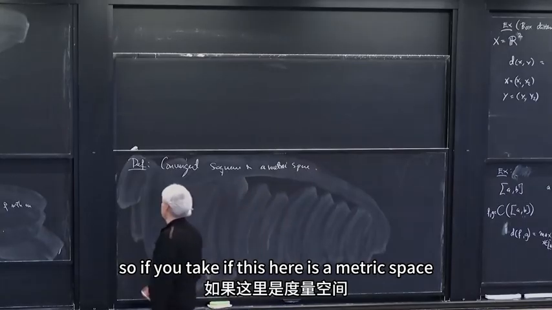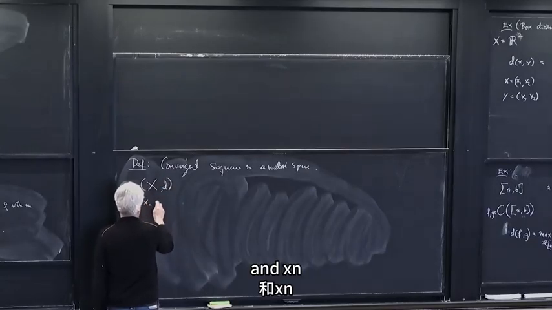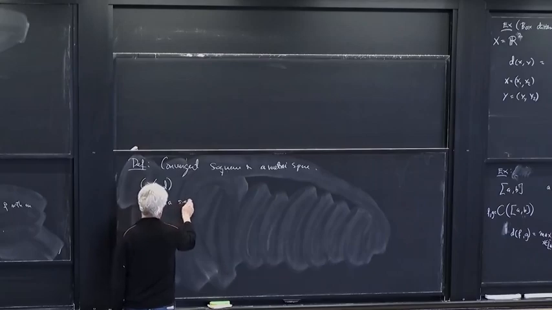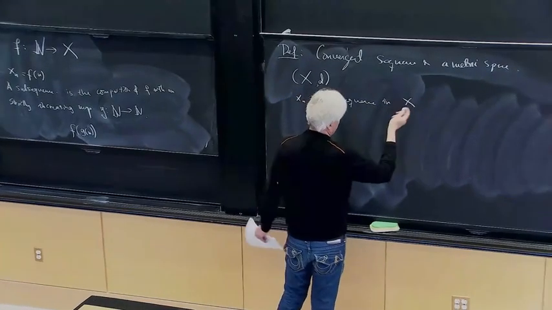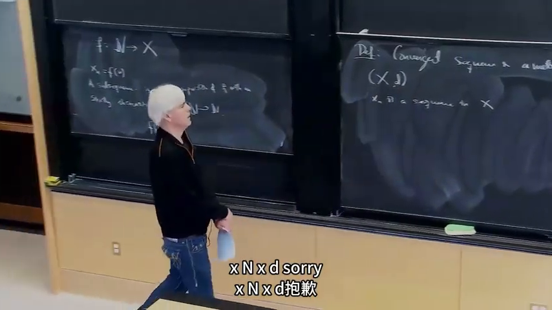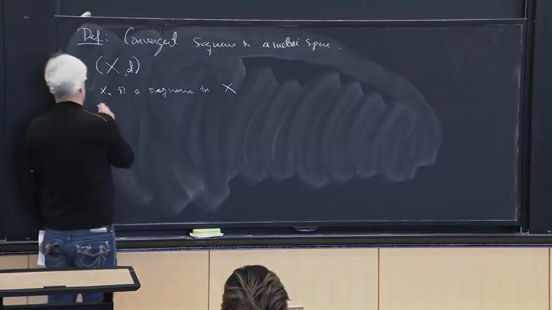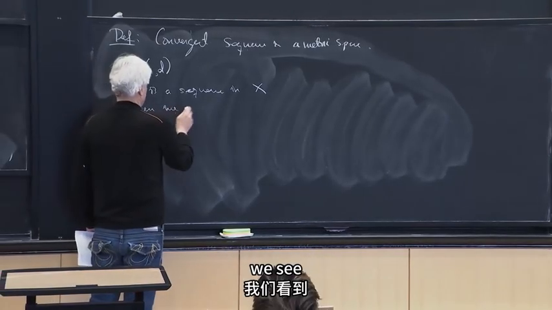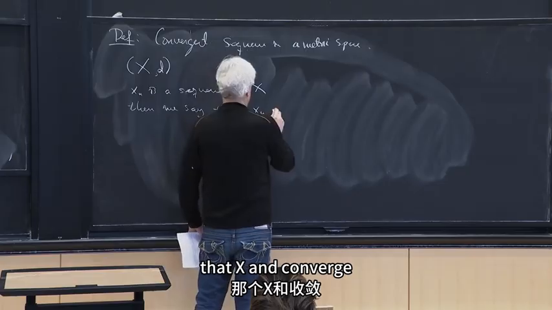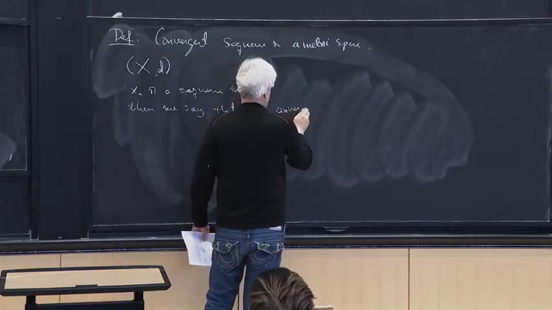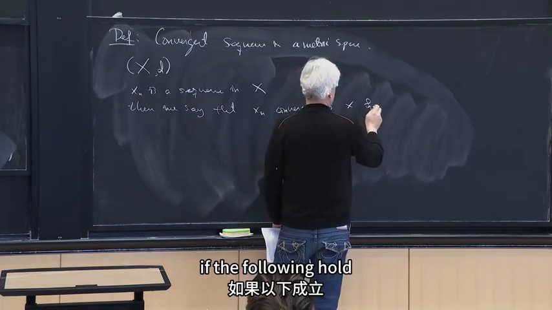So if this here is a metric space and xn is a sequence in X, then we say that xn converges to x if the following holds.